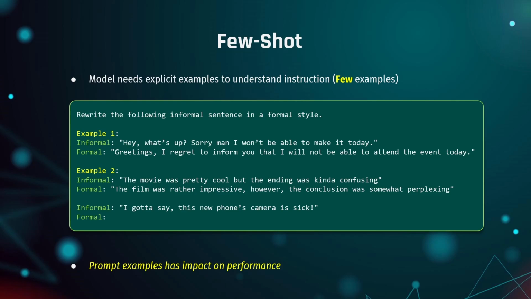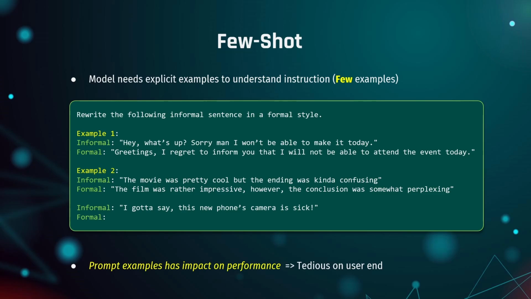Rather, our model was already fine tuned during the training phase on following such instructions, right? But in few shot ability, we have to provide prompt examples because it's not very fine-tuned like zero shot ability. So it is a bit tedious on the user end, right?